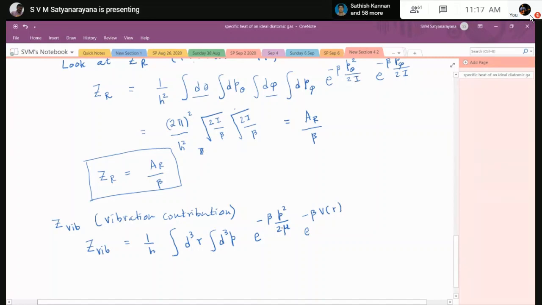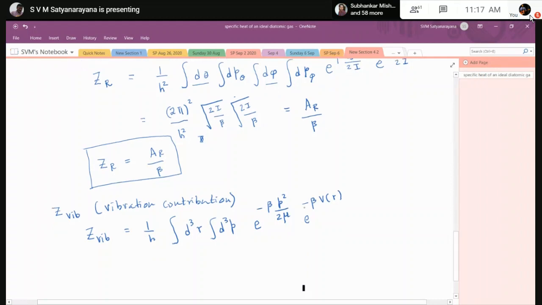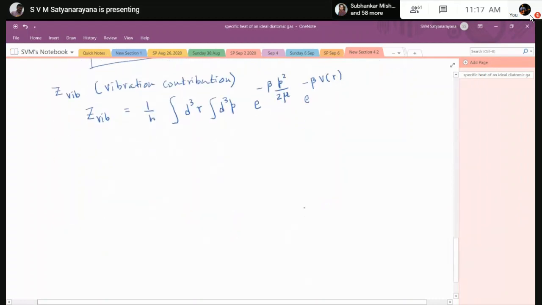So once again, this kinetic energy integral can be done, and I get 1 over h times the square root of twice mu by beta. That is for the kinetic energy part.